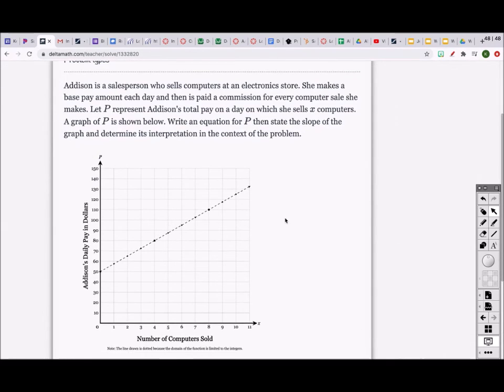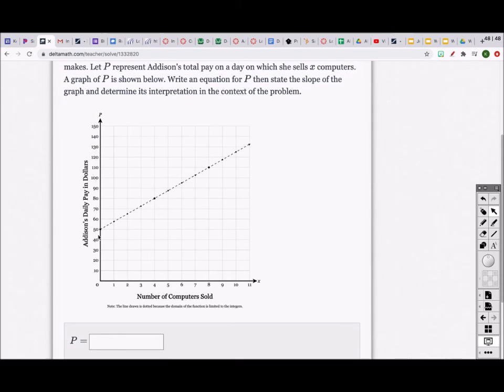Okay, so again, you start with the point where it crosses. So we start with 50. Is the line going up or is the line going down? It is going up. Now, you could try and guess what this point is, but I think that's not a good idea. They've given you this point.